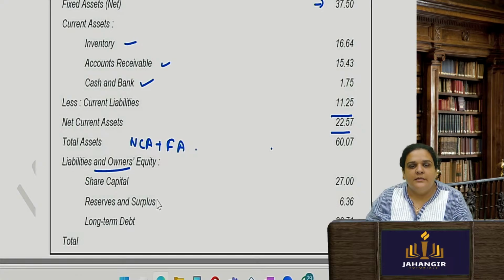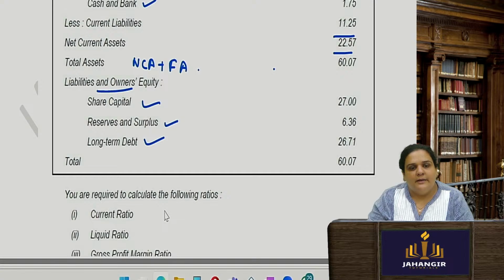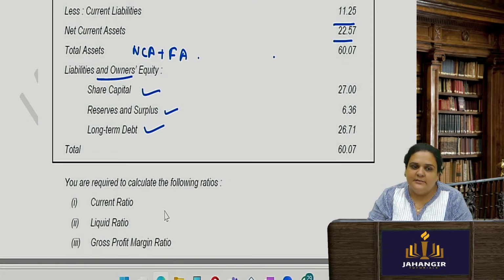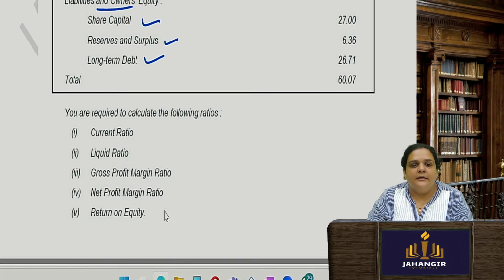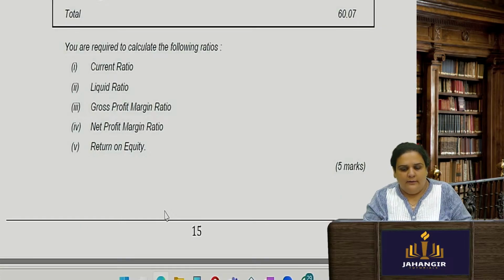Liabilities and owner's equity they have given separately: share capital, reserves and surplus and long-term debt. So your total is again 60.07. We have to find current ratio, liquid ratio, gross profit margin ratio, net profit margin ratio, return on equity. Okay.